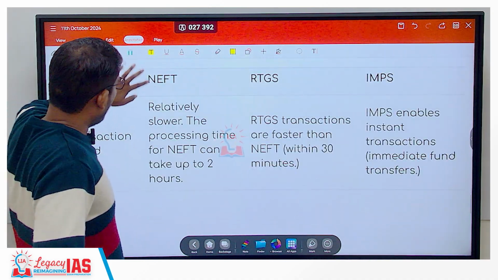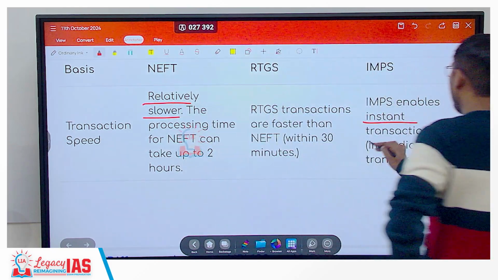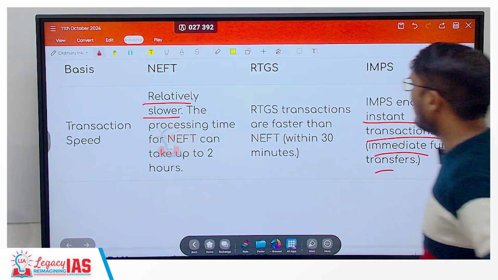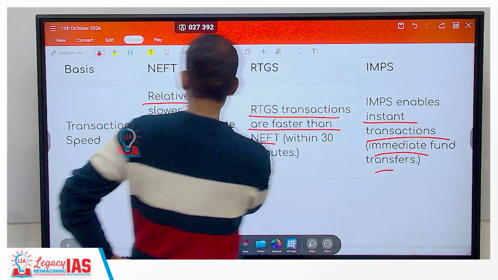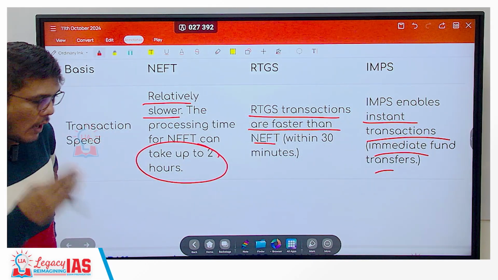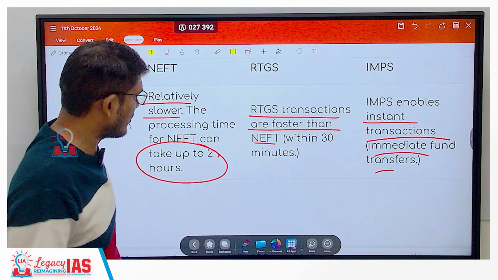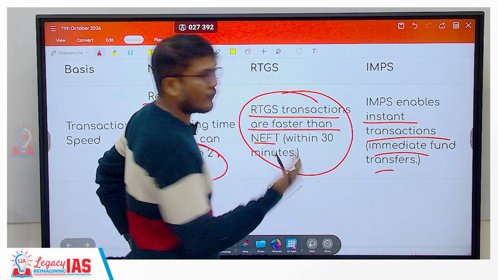Okay. Now transaction speed: NEFT is relatively slower, and of course RTGS transaction is also faster than NEFT. NEFT may take up to 2 hours. As I said, slots of 2 hours can be there, so it will take 2 hours. RTGS has no slot-wise transaction, but it may also take some time.